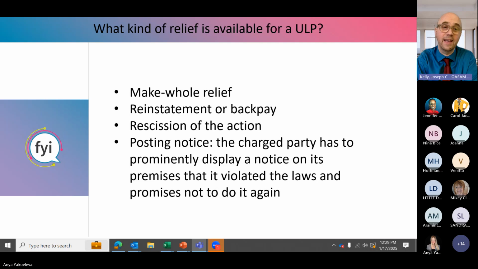It's like getting a spanking, and they really don't like having to put up a notice for all their employees to see that they violated the law, and then promise not to do it again. That's for more, I guess, psychological reasons than pocketbook reasons. Next slide, please.